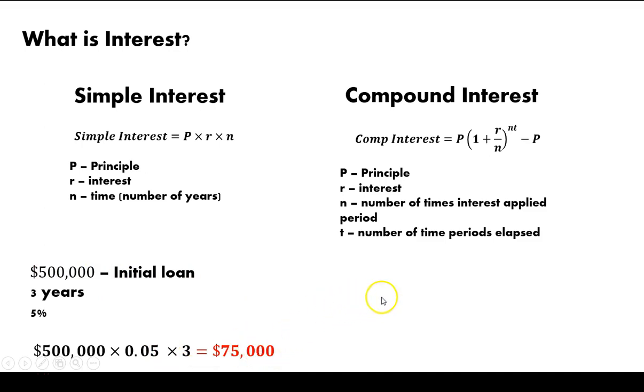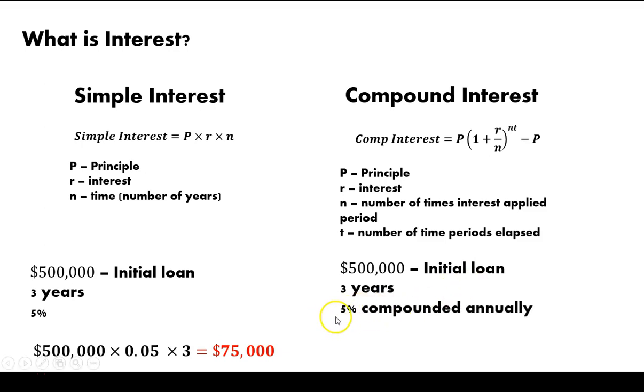All right. So now look at compound interest. And again, remember, it's going up exponentially. Here, the formula actually is corrected, so it is an R instead of an I. So again, you have a $500,000 initial loan, that is your principal. You're still looking at it over 3 years, at 5% interest, compounded annually.